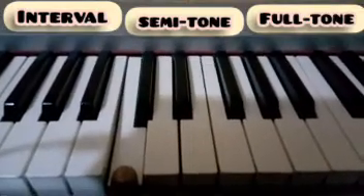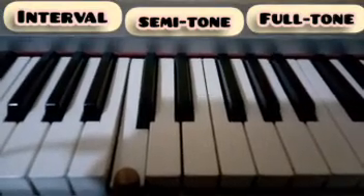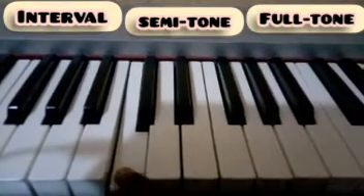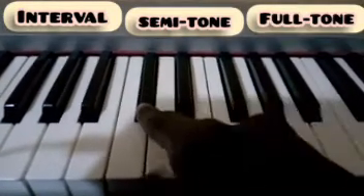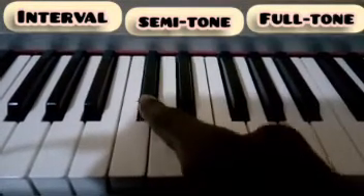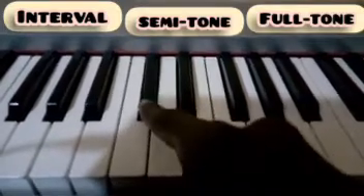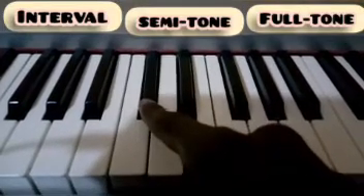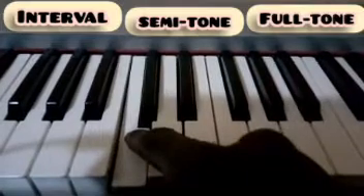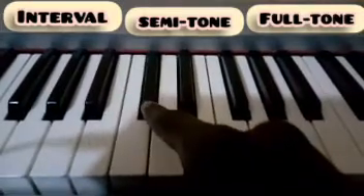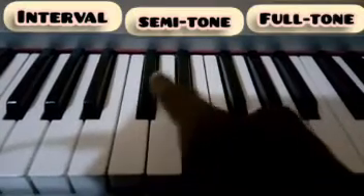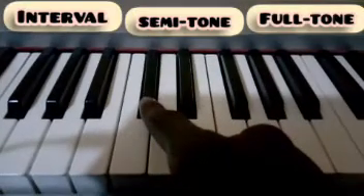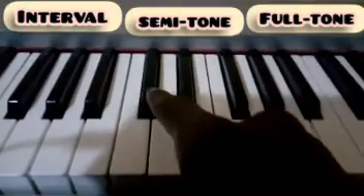A semitone can be achieved when there is a movement up. This is a semitone. Now this is C to C sharp, or if you are coming from behind it is D flat, but if you are moving up it is C sharp.